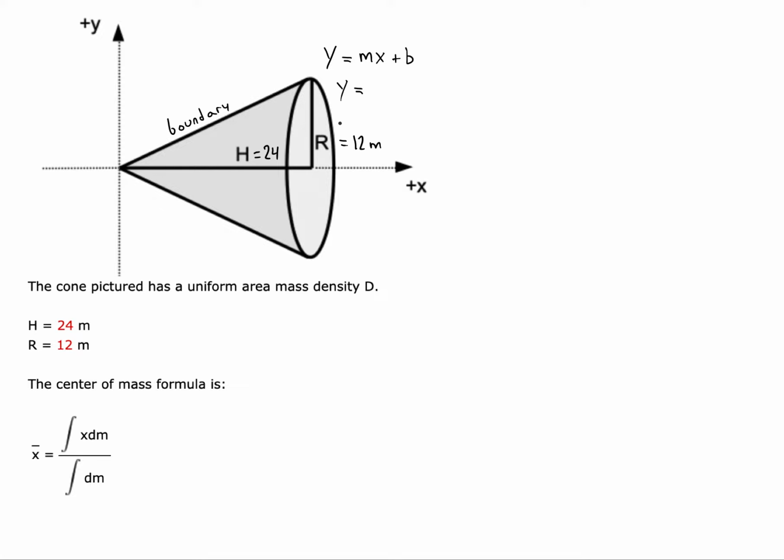So our slope would be given by the rise over the run, so 12 over 24 times x, and our b is of course 0 because it intersects at the origin. So that would be the start, finding that line there.